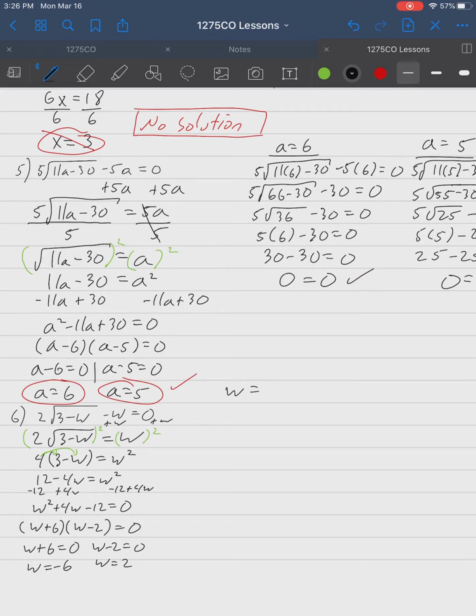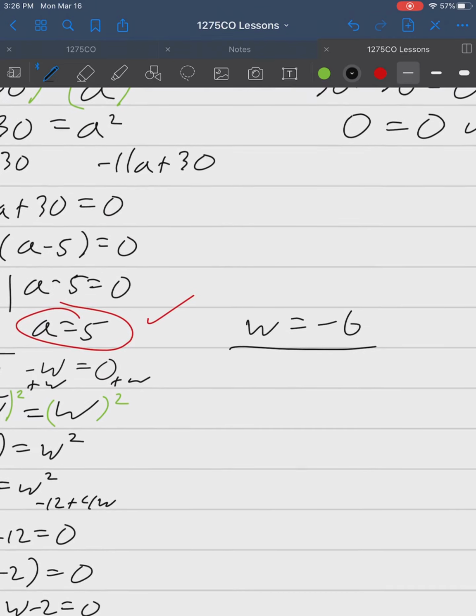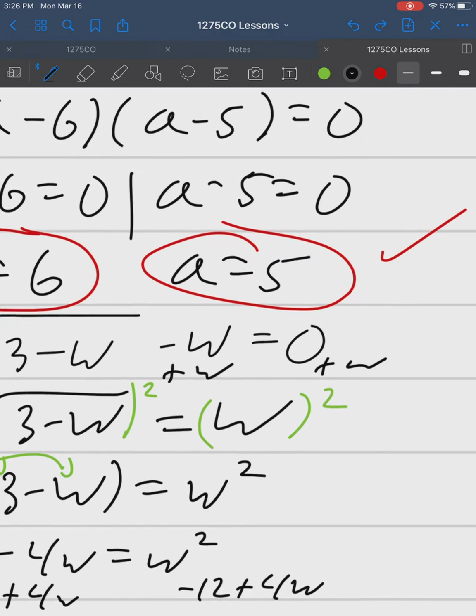So w is equal to negative 6 is our first value to plug in: 2 radical 3 minus negative 6, minus negative 6 is equal to 0. Notice that we are plugging in a negative 6, which means that these negatives are still going to be there.